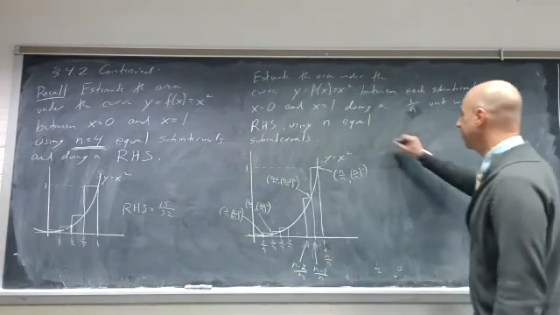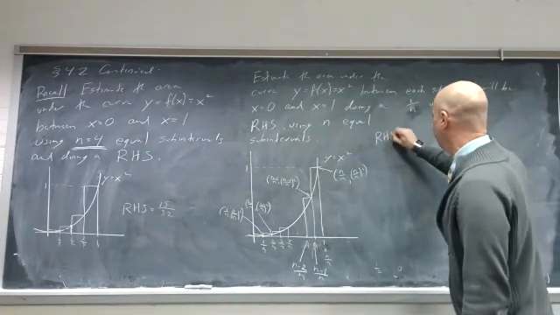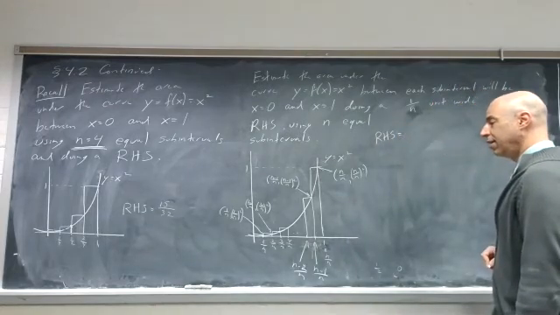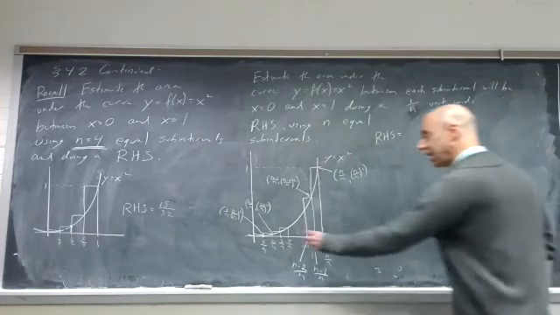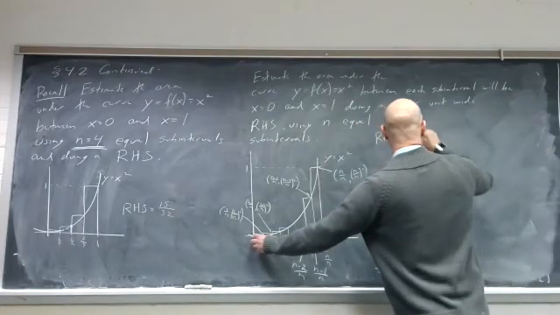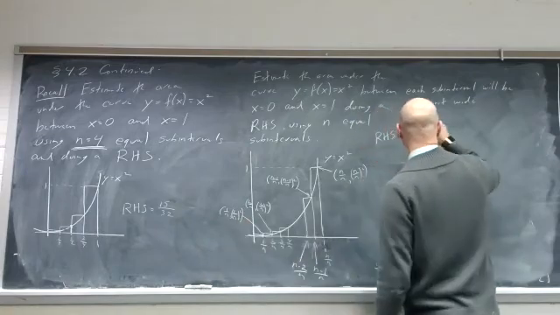So let's do that right-hand sum. Area of that first rectangle, length times width, or width times length. Its width is 1 over n, and its height is 1 over n squared.